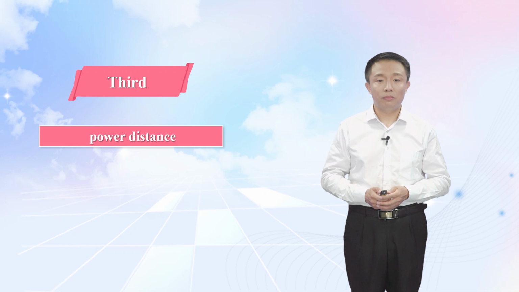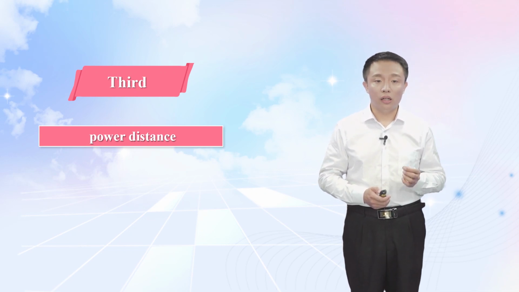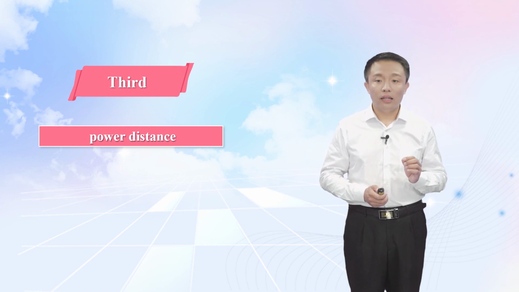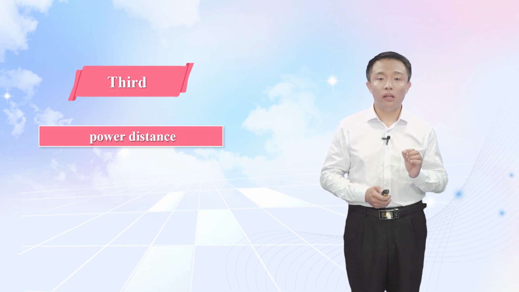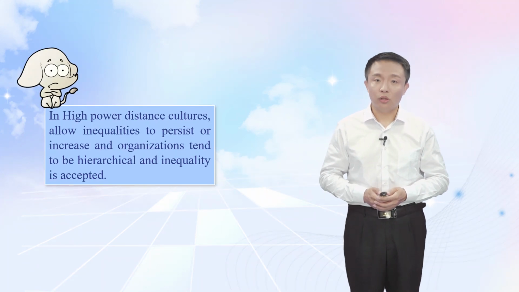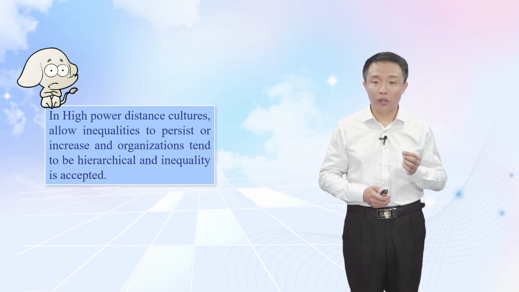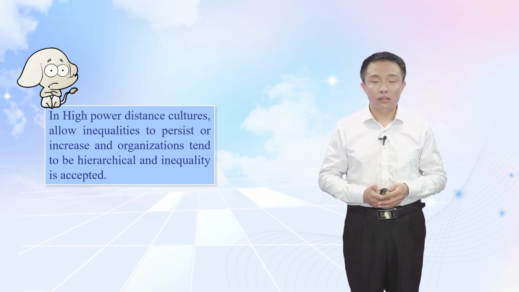Third, it is about power distance. It is the degree to which a country accepts the fact that differences in its citizens' physical and intellectual capacities give rise to inequalities in their well-being. In high power distance cultures, inequalities are allowed to persist and increase, organizations tend to be hierarchical, and inequality is accepted.